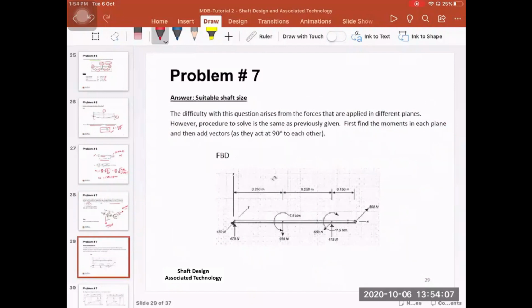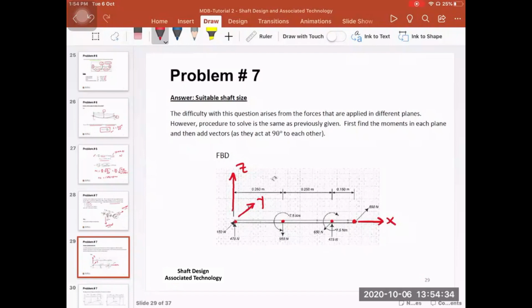So as I said, if you consider that this is the x-axis, and this is the y-axis, and this is the z-axis, good. Then this is the location of the pulley on the right-hand side. This is the location of the bearing. This is the location of the pulley in the middle. This is the location of the bearing on the left-hand side.